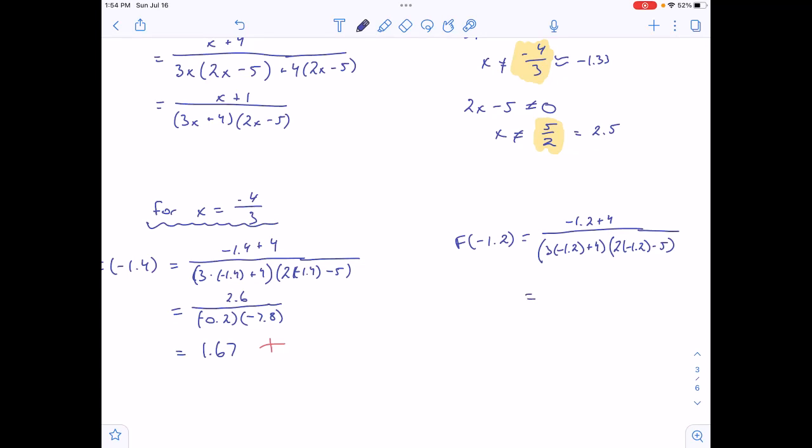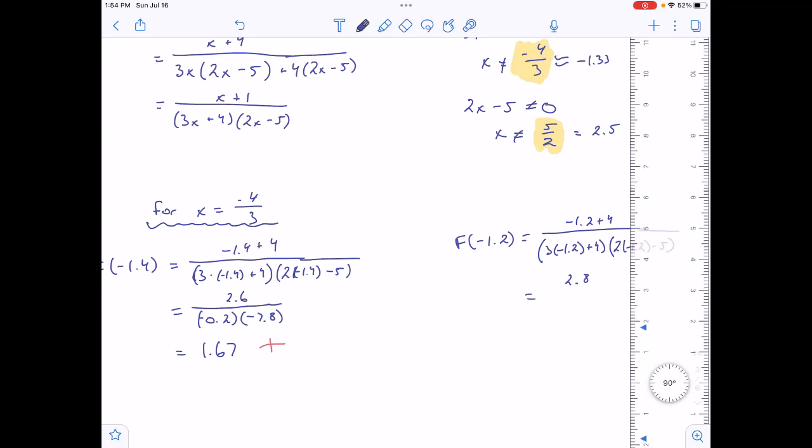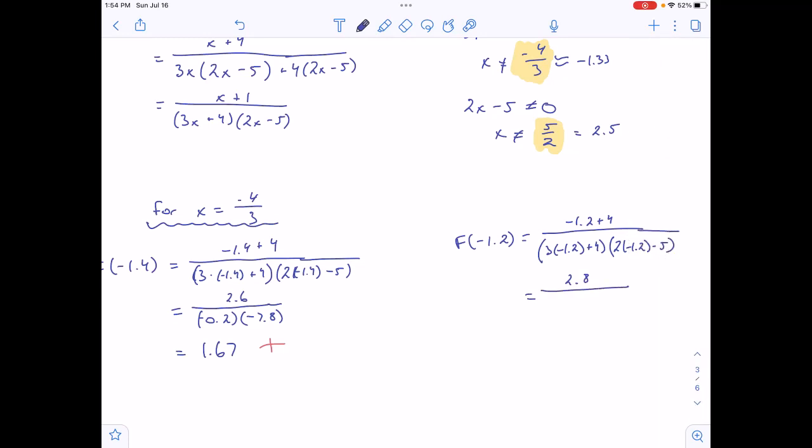Okay, my numerator here will be 2.8. And then I'll have a 0.4 times negative 7.4.